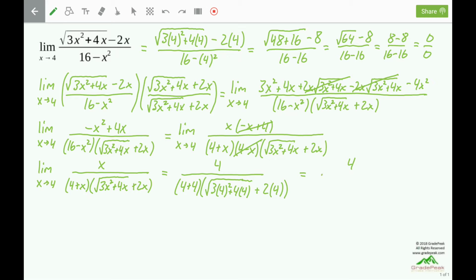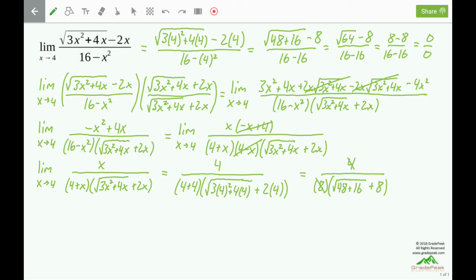So we have 4 divided by 4 plus 4, which is an 8. We have the root of 3 times 4 squared. 4 squared is 16, times 3 is 48, plus 4 times 4, which is 16, and then all of that added to 8.